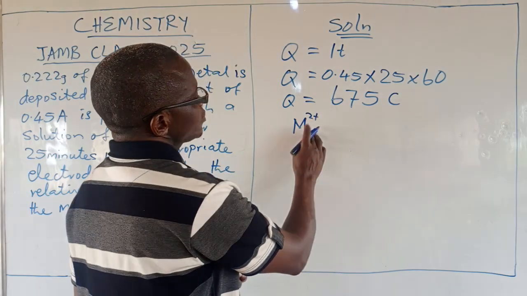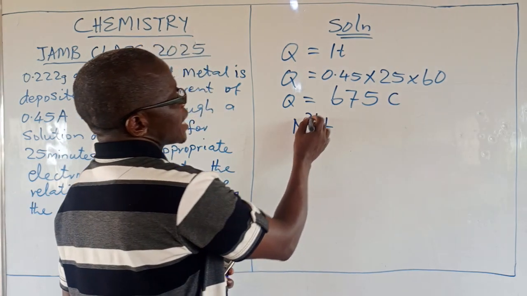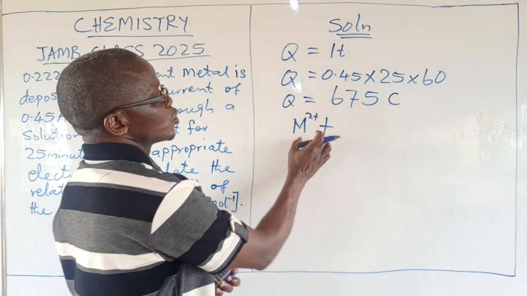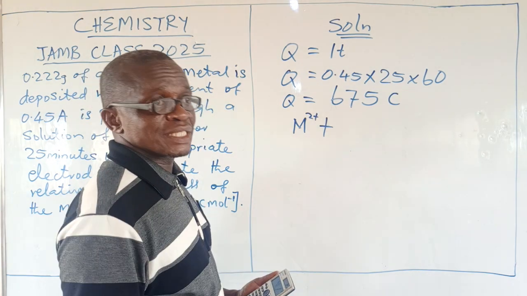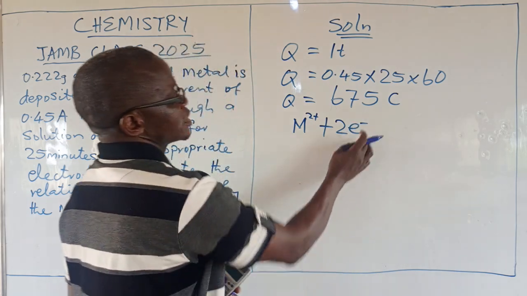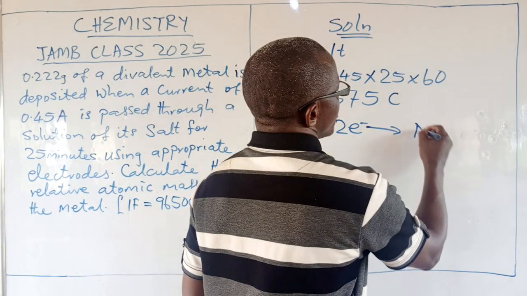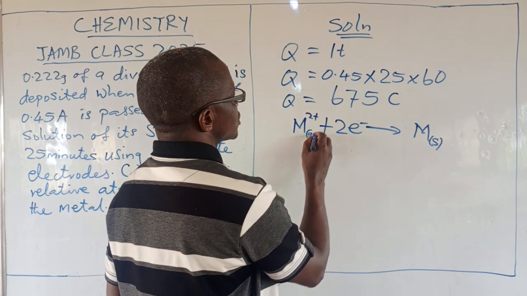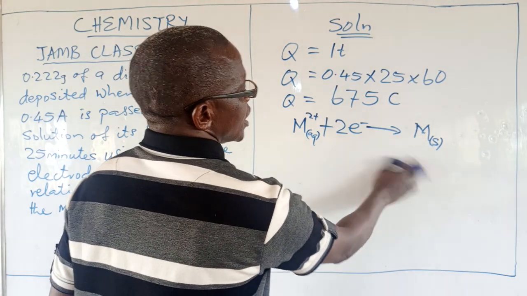So now this metal ion in the solution is collecting electrons. It is looking for 2 electrons, because it gave out 2 electrons, to get deposited as a metal atom, not as an ion again. So 2 electrons will be collected to deposit it as a metal atom. This is solid and this is aqueous, meaning in solution. This is the plate, part of the electrode.